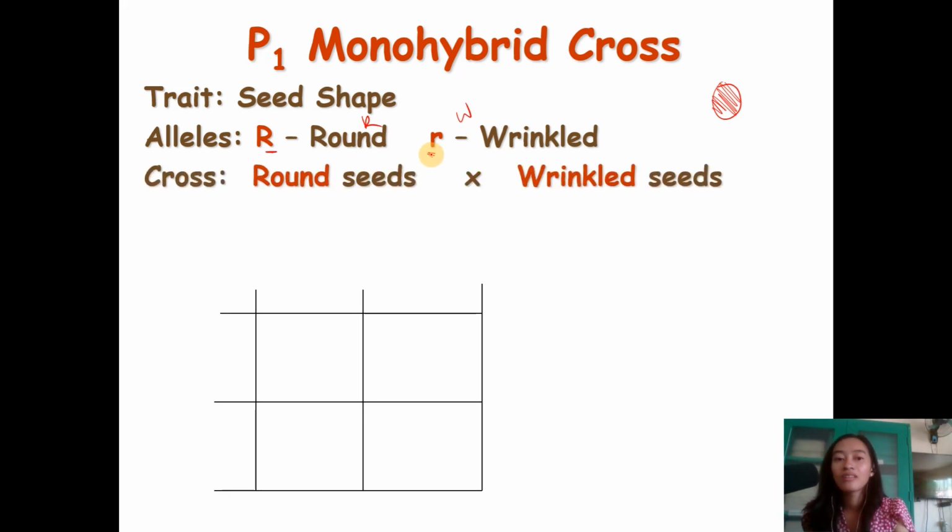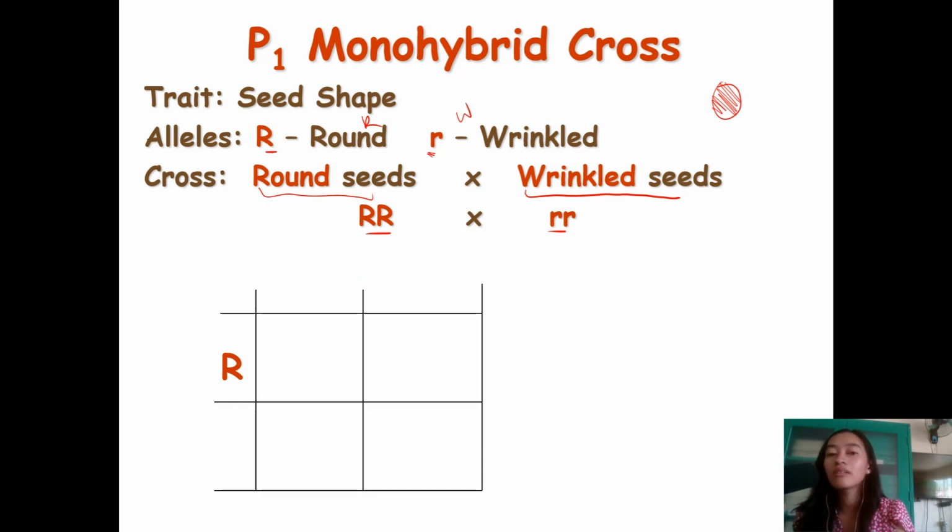And then you're going to cross it with a situation. So usually you will be given situations: round seeds crossed against wrinkled seeds. So how could this be? Give a combination, for example, homozygous dominant round and homozygous recessive wrinkled.